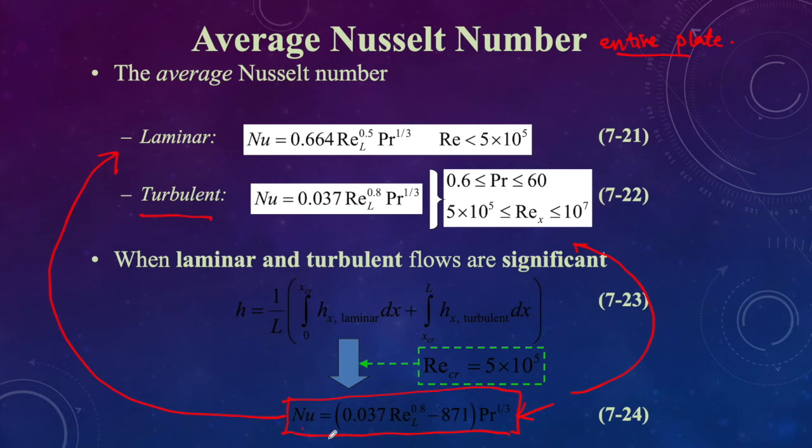We never know at what critical length it needs to be considered in our calculation. Therefore, it is good for you to use this equation, because if your flow is turbulent, it will reduce into the turbulent flow equation, and vice versa.